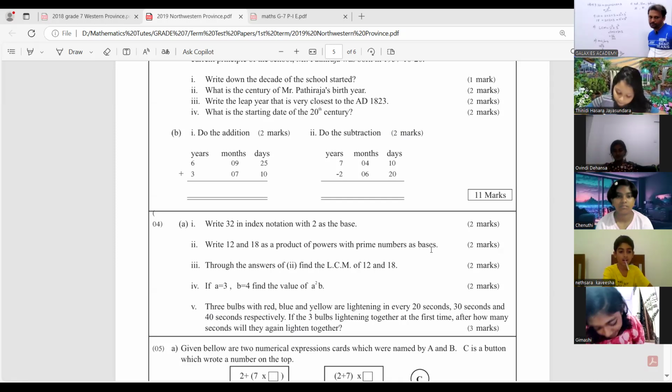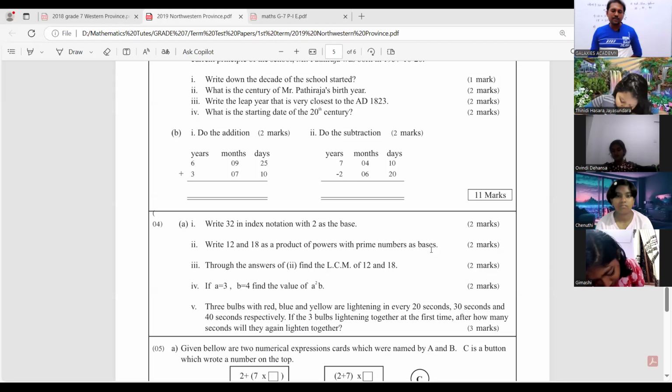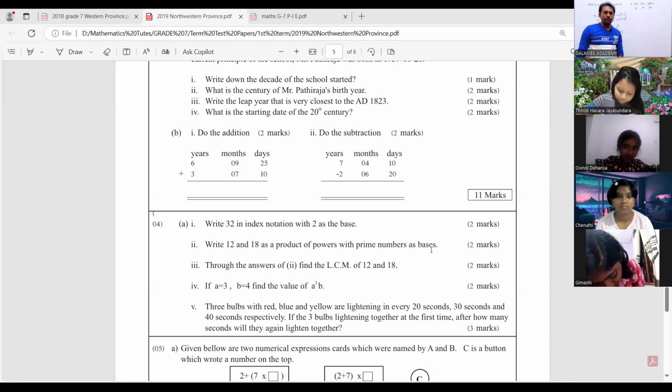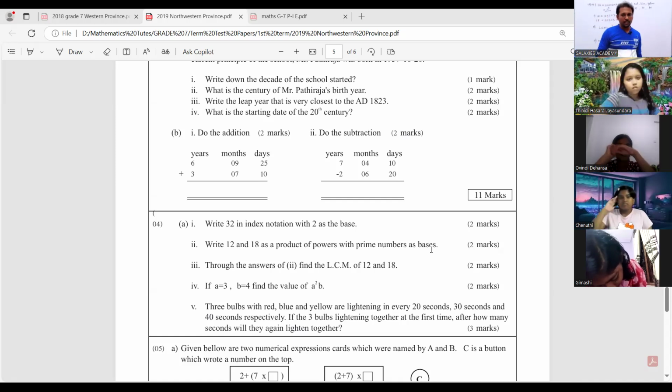If the three bulbs light together the first time, after how many seconds will they light together again? Can you understand this question? In the lesson also I discussed questions like these.